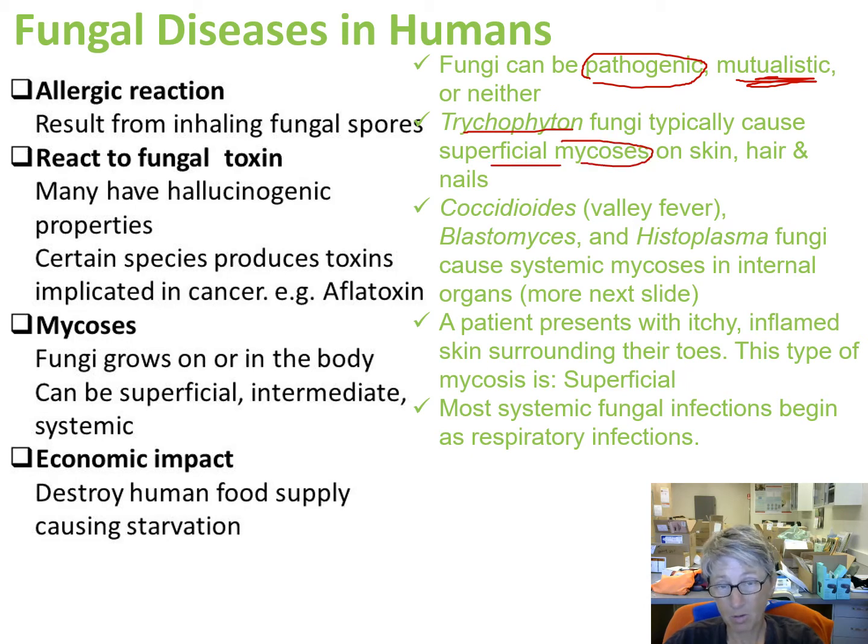So mycosis, remember, is a fungal disease on the skin. Coccidioides, that's valley fever. Everyone's heard of that. These other fungi, Blastomyces and Histoplasma, can cause systemic mycosis, so that's in your internal organs.